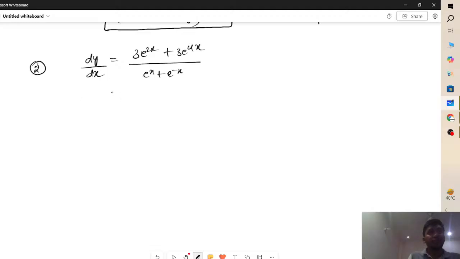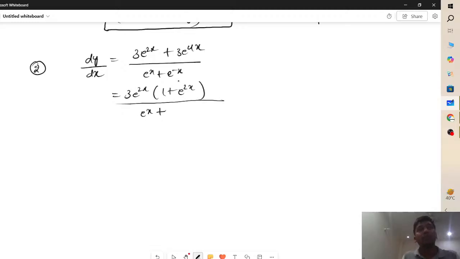For this, first take 3e^2x common from both terms in the numerator. So we get 3e^2x (1 + e^2x). Can we write e^-x as 1/e^x?